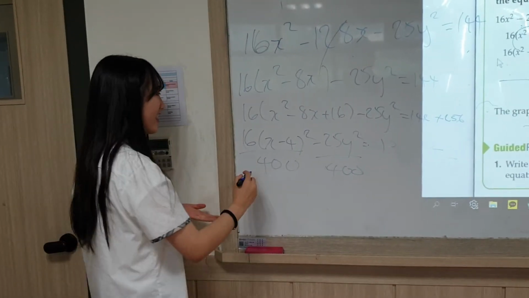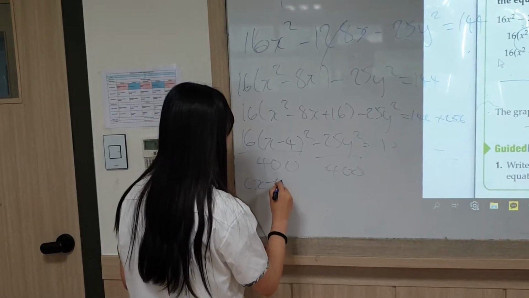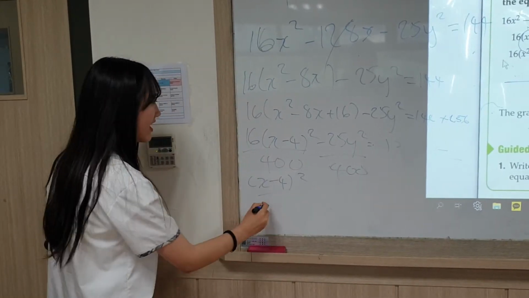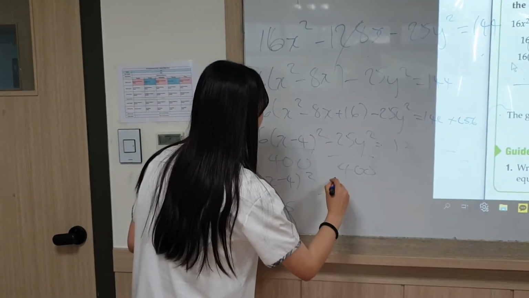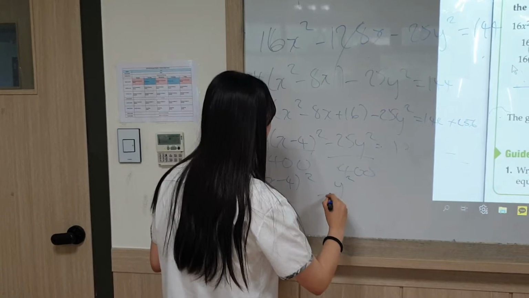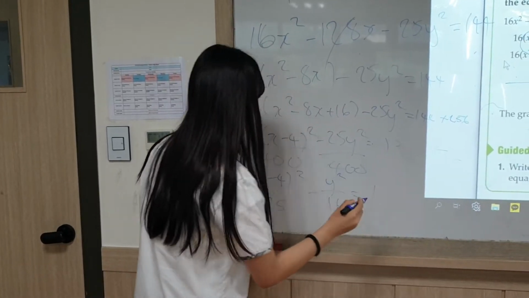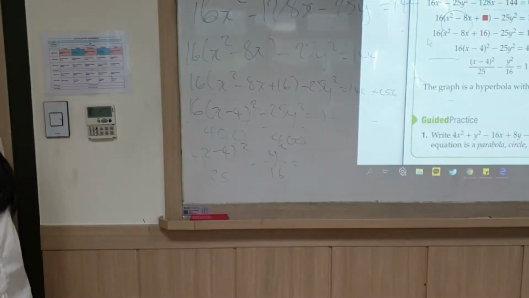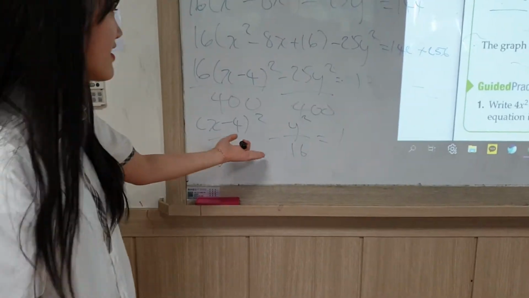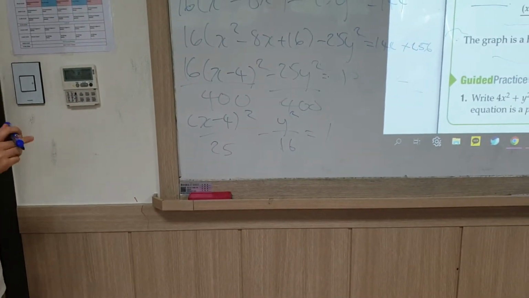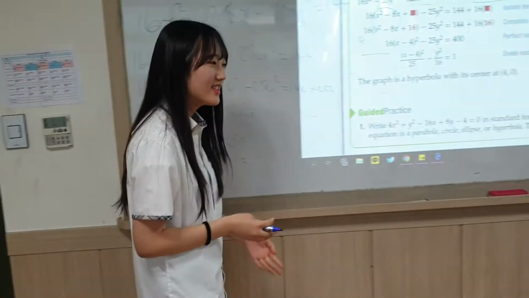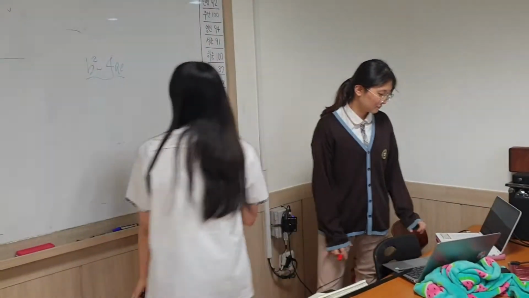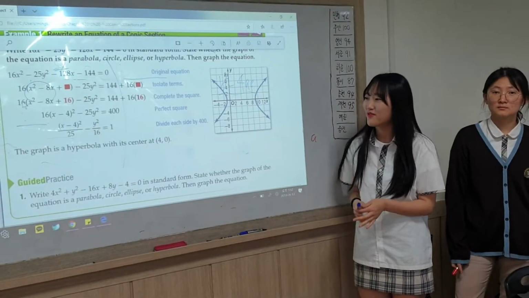And finally, this equation will look like this. And this is a minus sign, so it's a hyperbola. And if you listen to Sinjin and Yejun's equation, you can easily draw this graph.